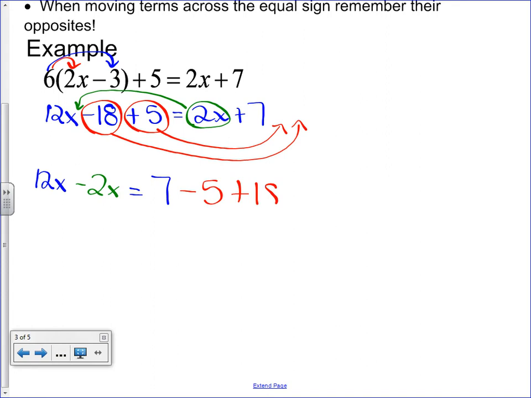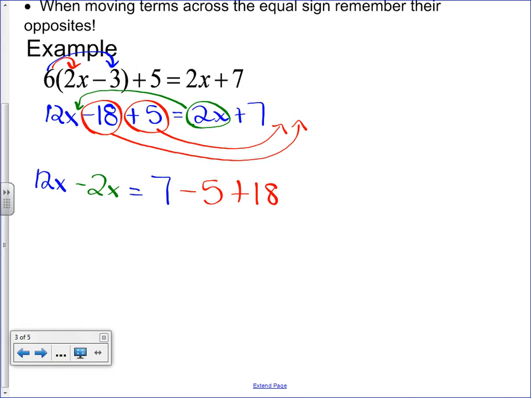Plus 18. Okay, so there's a lot of good things happening here. I love that on the right-hand side, Tristan wrote what was given first. We were given the +7, that comes first. Then he wrote what he brought over. Same thing here. He was given 12x, then he brings over that -2, so it comes second. So excellent work. So I've got all variables to one side, all constants to the other.